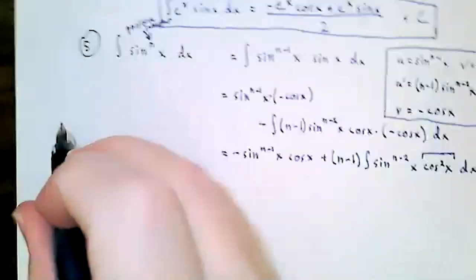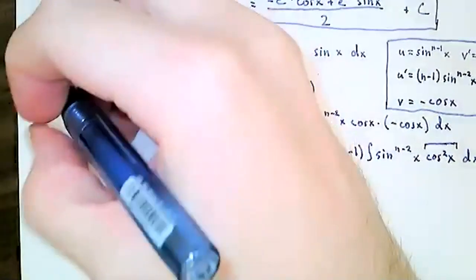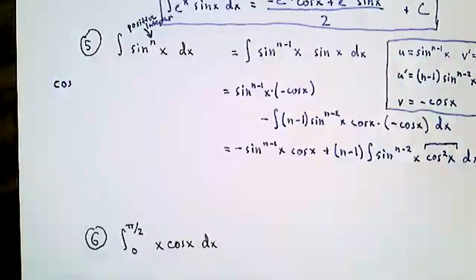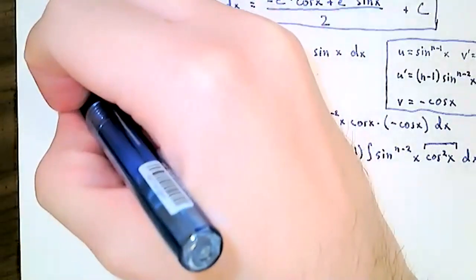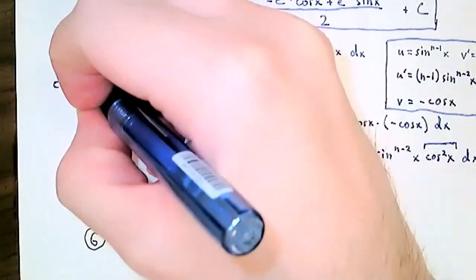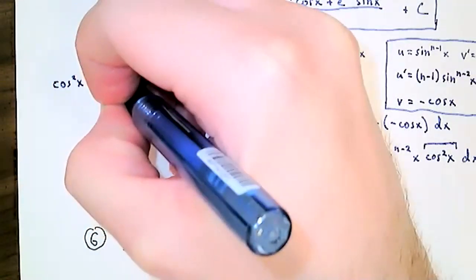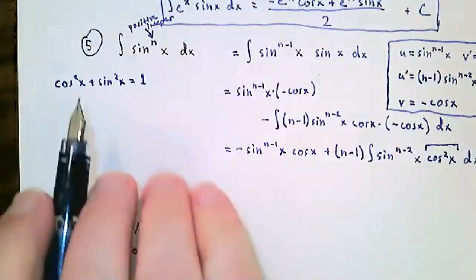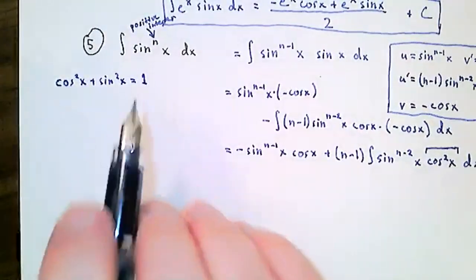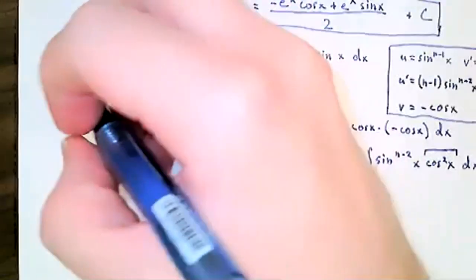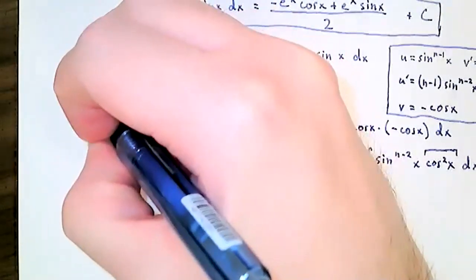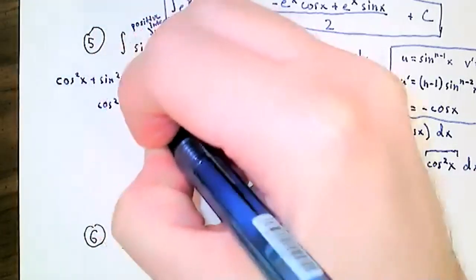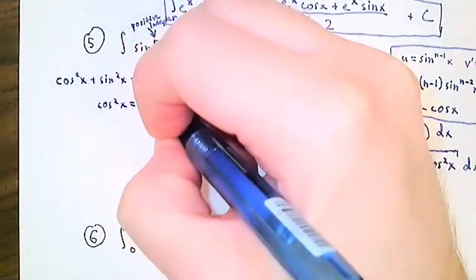Let me write it over here in this blank space. The Pythagorean theorem for cosine and sine says that cos squared of x plus sine squared of x is equal to 1. So if I move the sine squared to the right side, we see that cosine squared is equal to 1 minus sine squared.